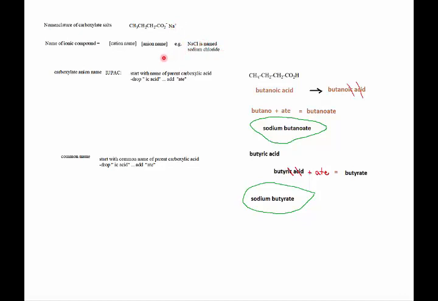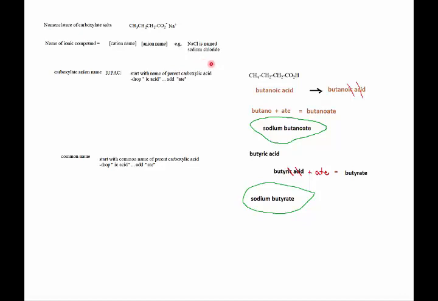All right, now let's look at this example here and how you name that. There are two ways you can do that. One uses the IUPAC name for the corresponding acid, and the other the common name.